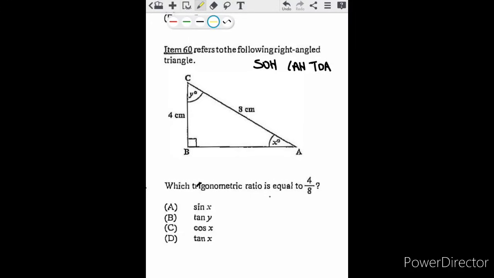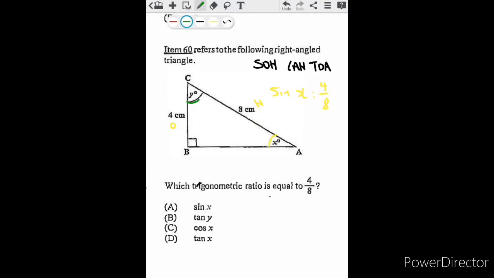If we're dealing with the angle x, then we'll be using 4 as opposite and 8 as the hypotenuse. And if we'll be using angle Y, let's use a different color. Okay, so for x we'll be using sine, since it's 4 opposite and 8 hypotenuse.